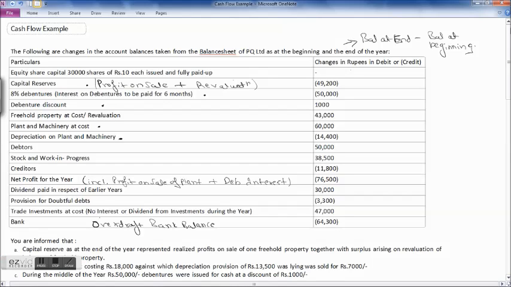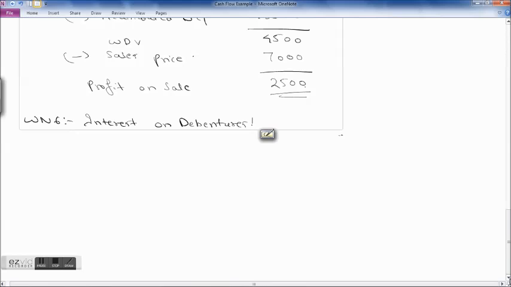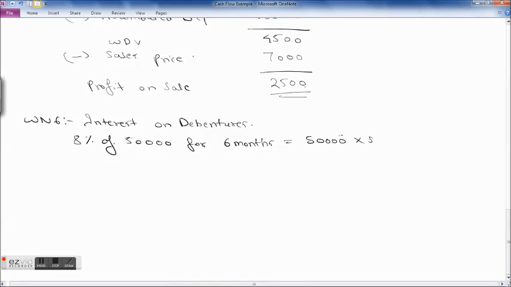So interest on debentures will be 8% of 50,000 for 6 months. So that is 50,000 into 8 upon 100 into 6 by 12. So that is how much? 2,000 rupees. This is the interest on the debentures.